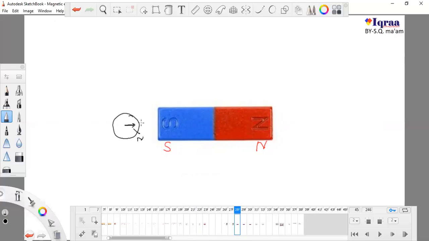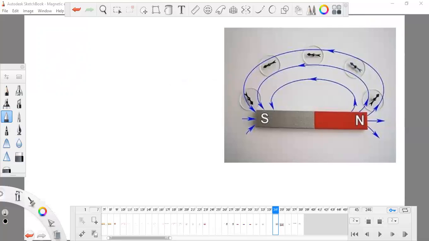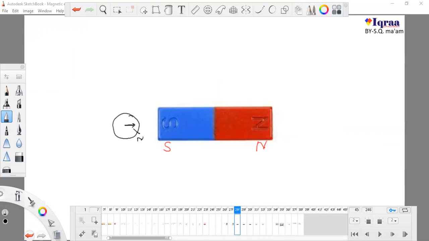Okay, so I will make two dots on this side. So here I made two dots, one for north pole and one for south pole.